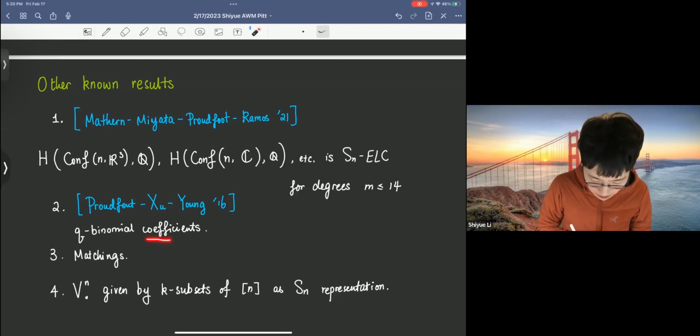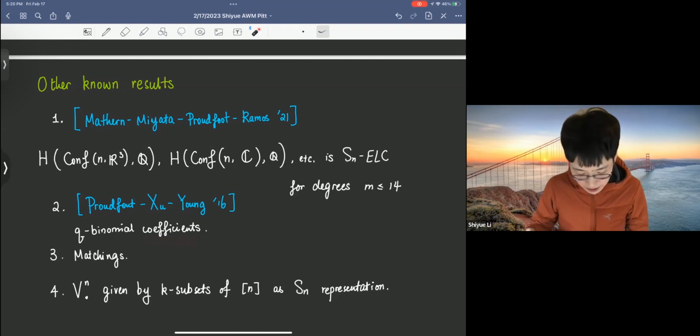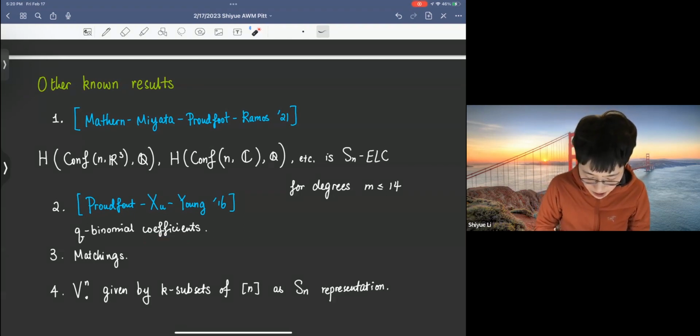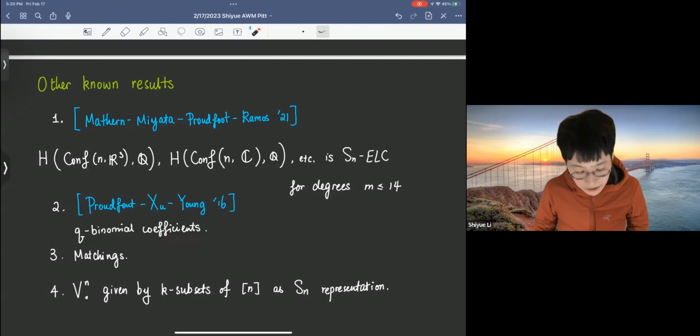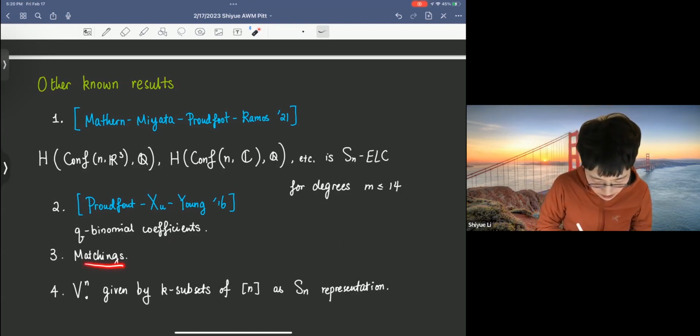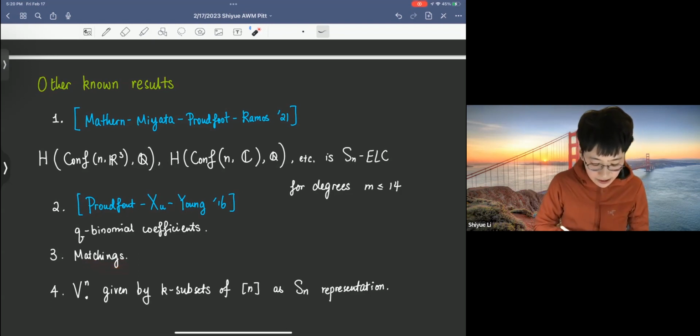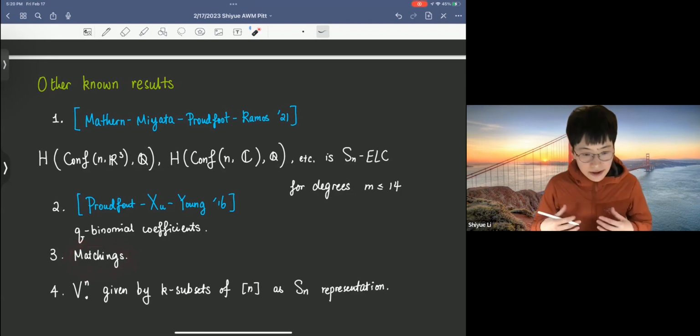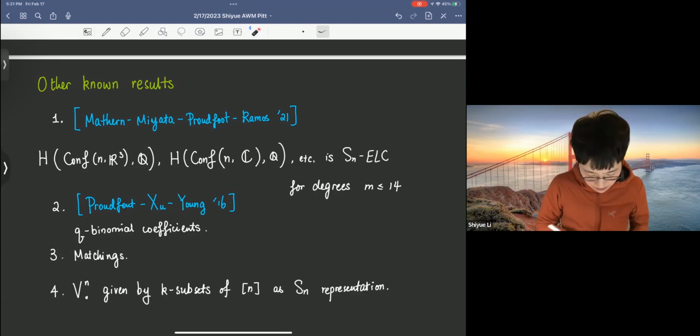And for other combinatorial sequences, such as q-binomial coefficients, I think Proudfoot, Xu, and Young in 2016 have proved that these q-binomial coefficients are equivariantly log-concave as well. And the result I have said before automatically gives as a corollary that graph matching sequences also form representations that are equivariantly log-concave. So that's a previous result of mine.